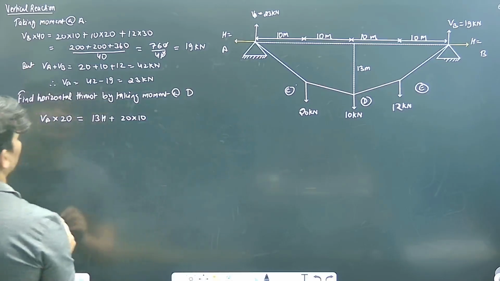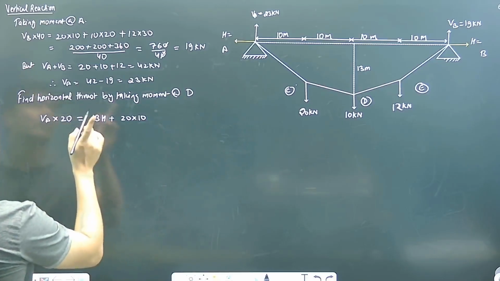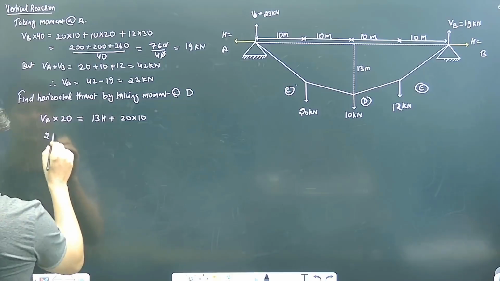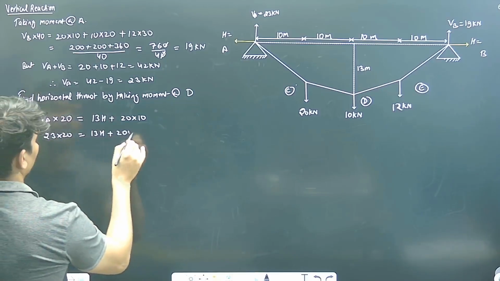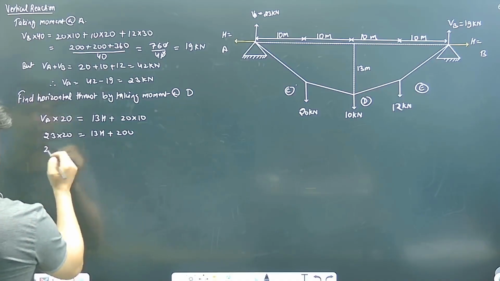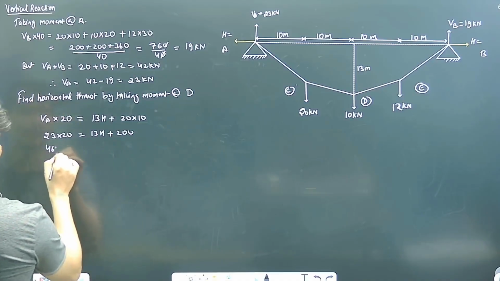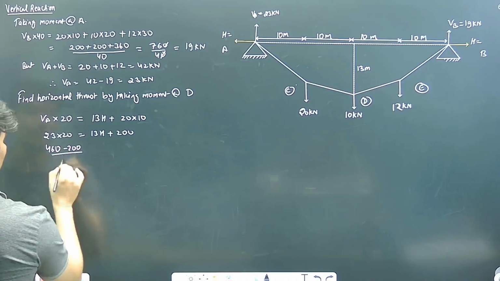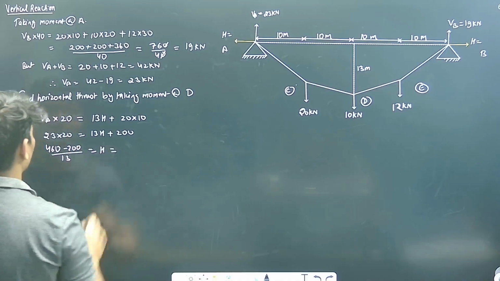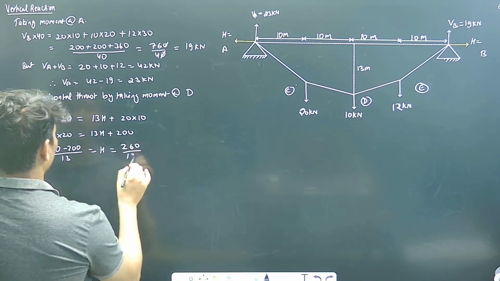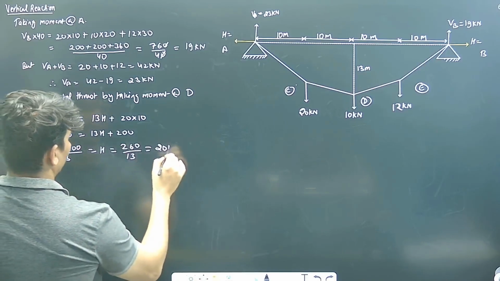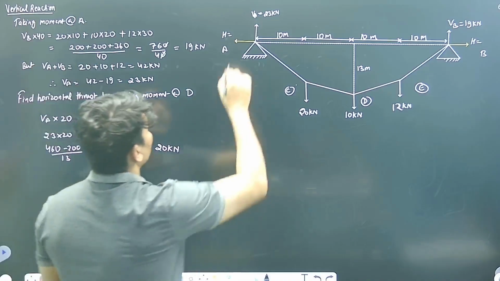VA is 23, so 23 into 20 is equal to 13H plus 200, that is 460. So 460 minus 200 by 13 is equal to H, so 260 by 13, which is 20 kilonewton. So H is 20 kilonewton.